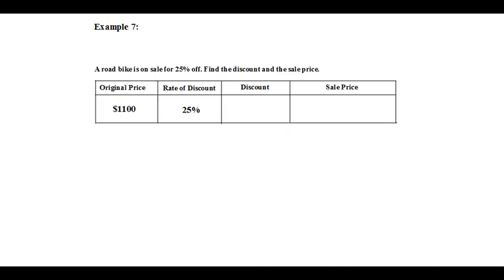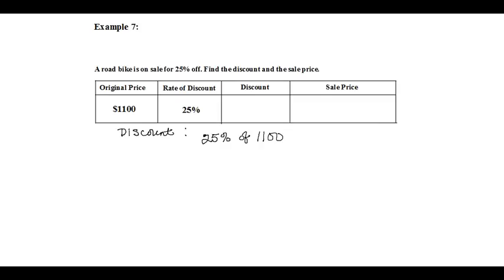So the original price is $1,100 and we have a discount, we're saving 25%. So our first step is we need to find what is our discount. And you can see in the chart there that we're trying to find the discount. So the discount is 25% of, or off, $1,100.